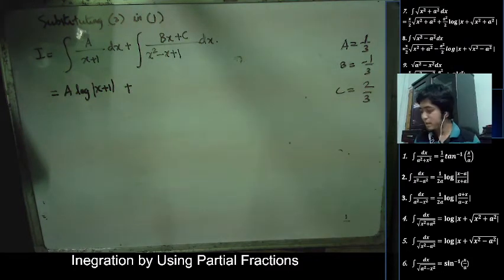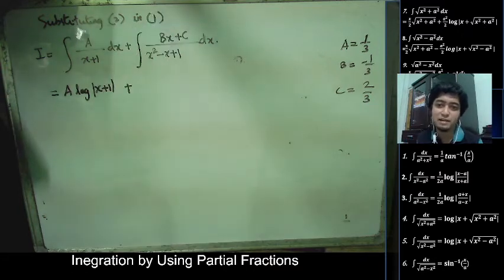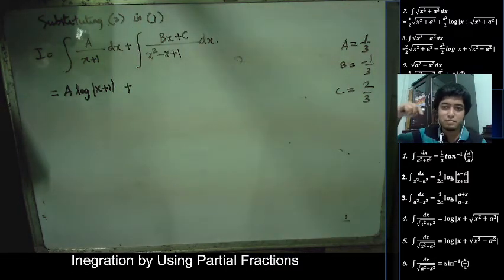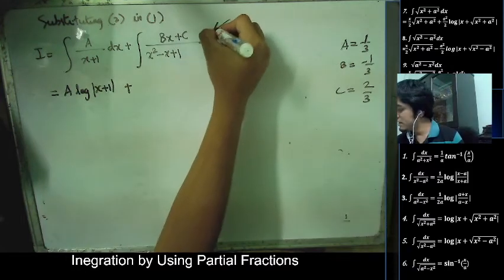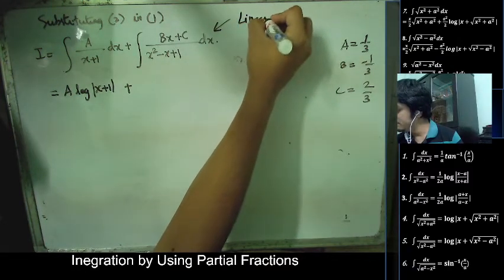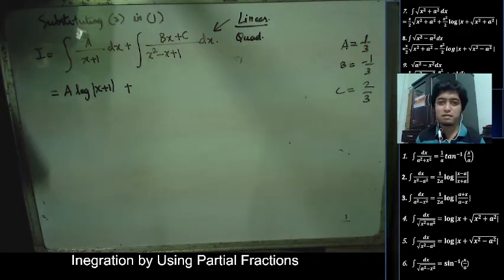Remember that now we are having a quadratic, and on top we are having a linear. So remember the rules last time when we were doing standard integrals. That is when we will have to use it again over here. This one is about linear divided by quadratic. So now we will have to use standard integrals.